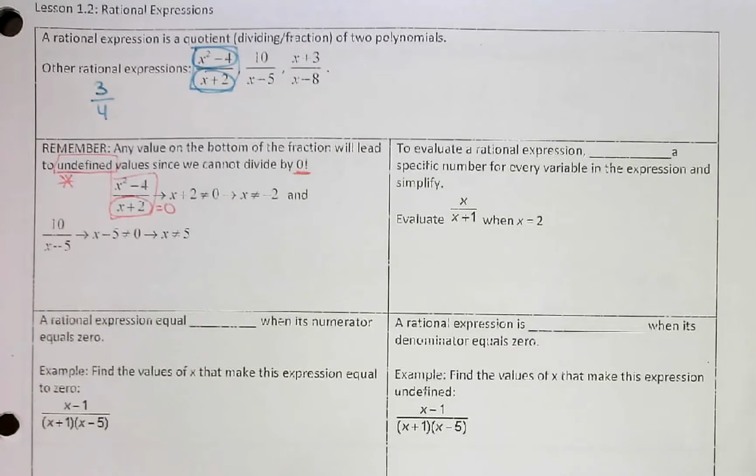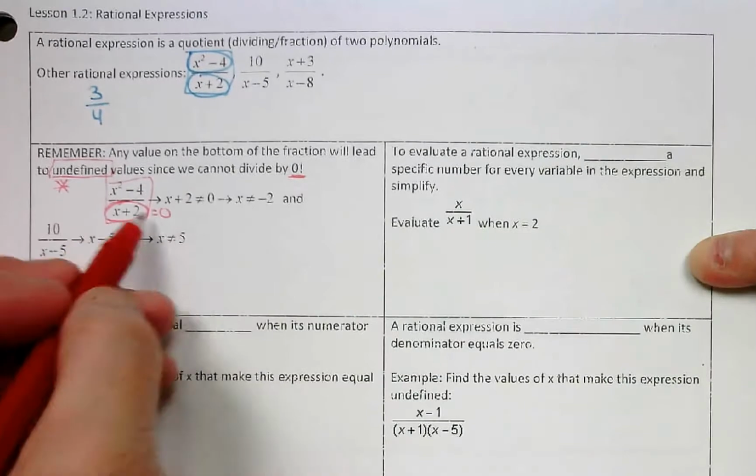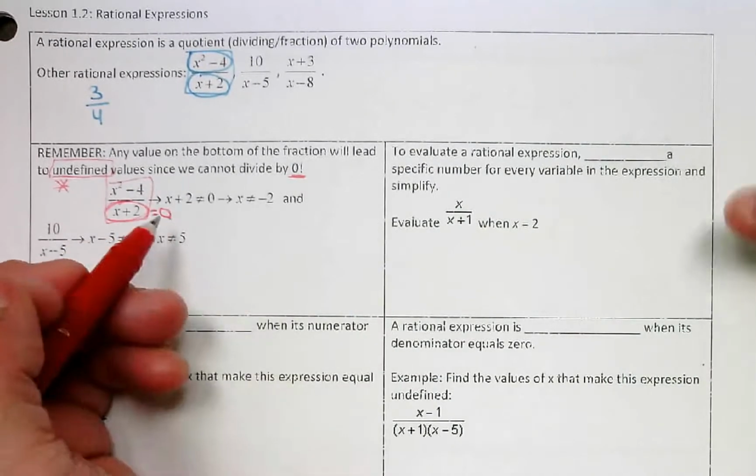It's not possible to divide something by 0. If I say, how many groups of 0 can 3 people make? Well, they can't. There has to be at least one group of 3 people, not a group with 0 people in it.